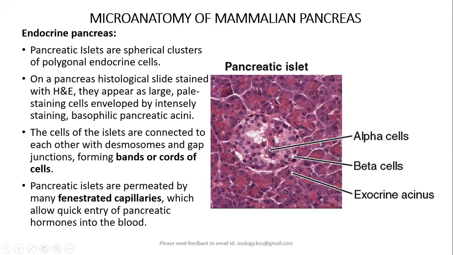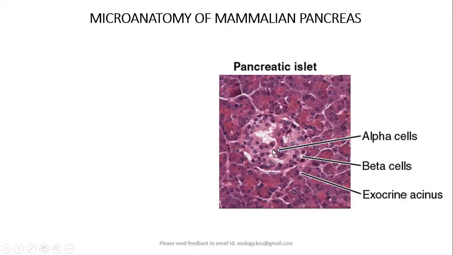The pancreatic islets are permeated by many fenestrated capillaries, that means blood capillaries, in between these cords of cells, which help in the quick entry of pancreatic hormones into the blood. So in between the cords of cells of islets of Langerhans, we have a lot of blood capillaries.